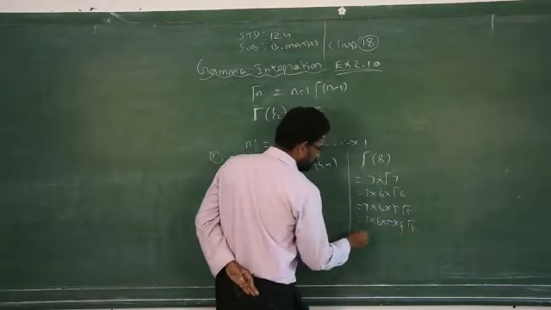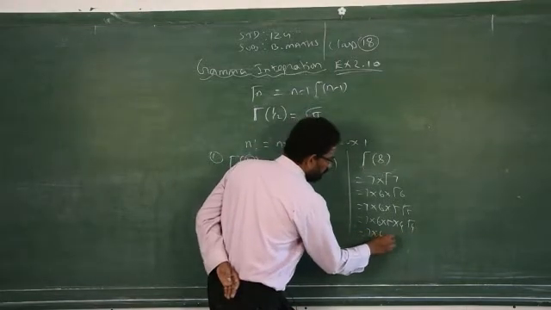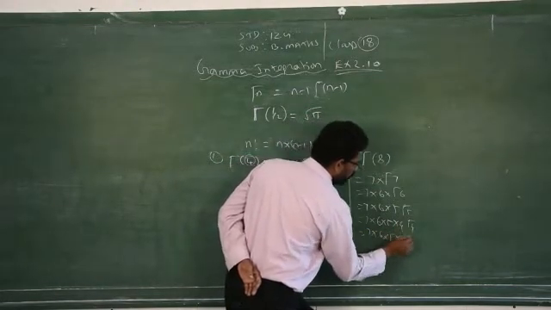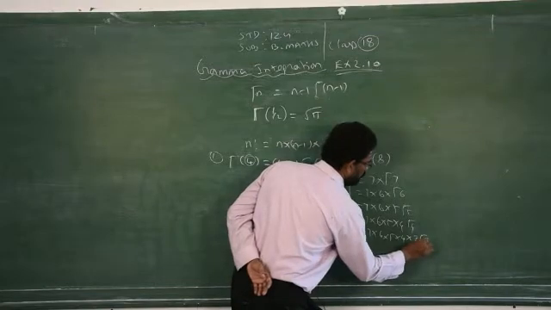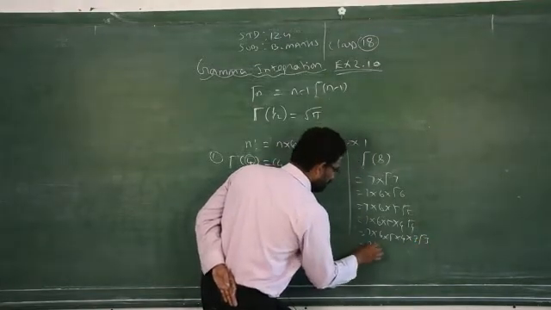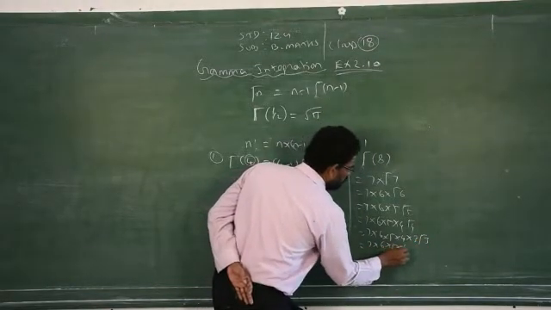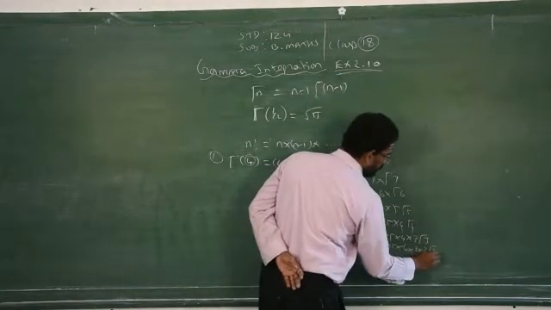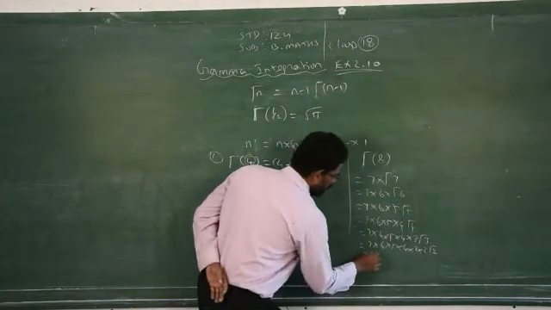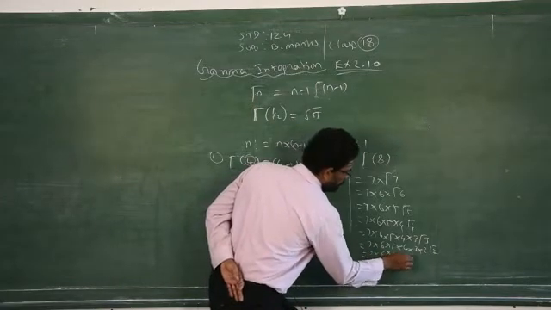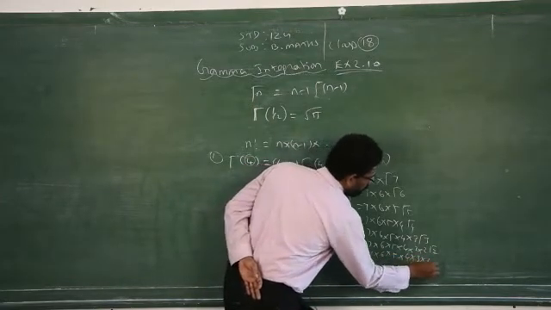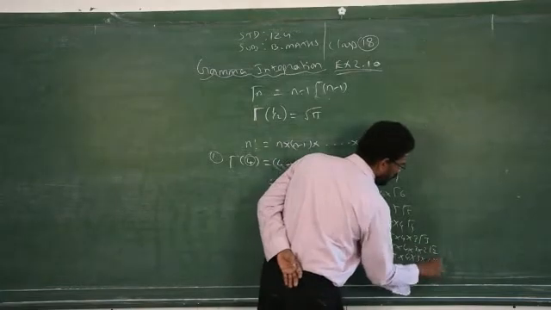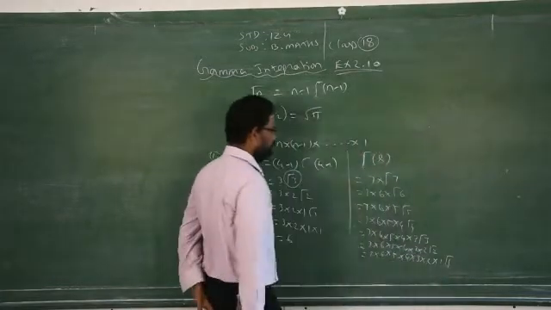Gamma 4. So, 7 into 6 into 5 into 4. What is the previous number of 4? 3. Gamma 3. And 7 into 6 into 5 into 4 into 3 into what is the previous number of 3? 2. Gamma 2. 7 into 6 into 5 into 4 into 3 into 2 into what is the previous number of 2? 1. So, then gamma 1. Gamma 1 is nothing but 1.